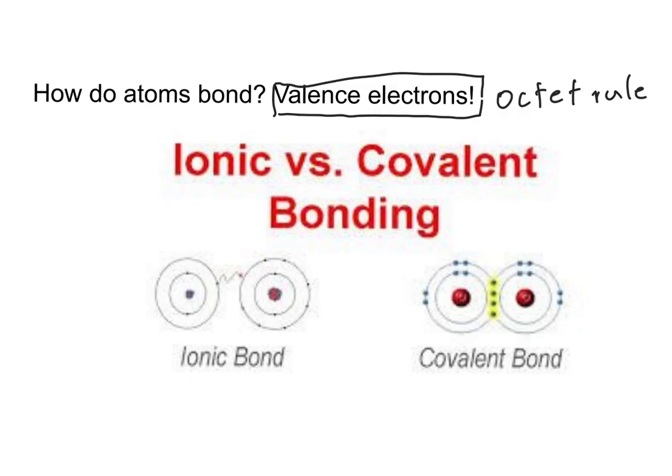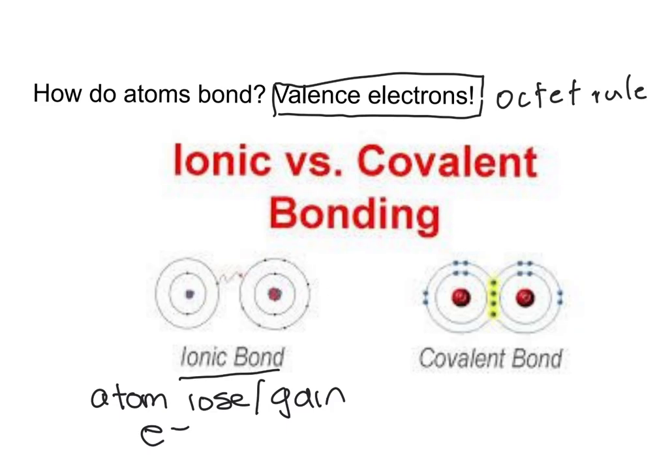Now there's 2 ways that bonding can occur. In an ionic bond, atoms will either lose or gain electrons in order to create that octet rule, that stable outer shell. And when they do that, those create ions.